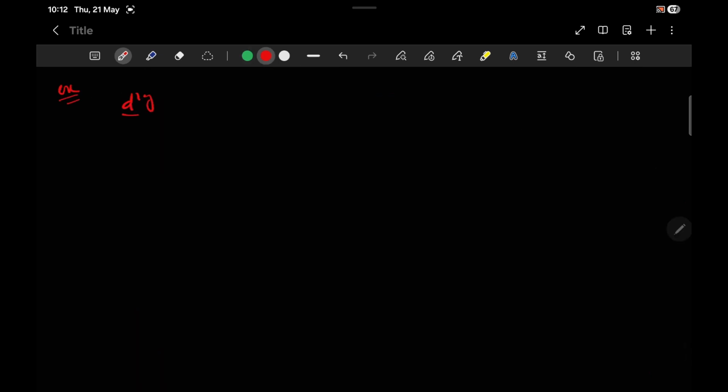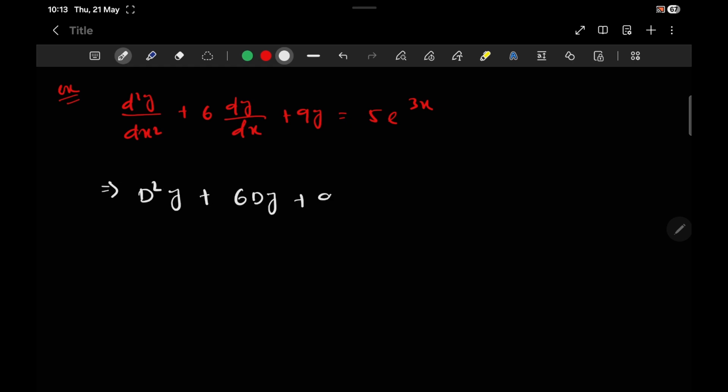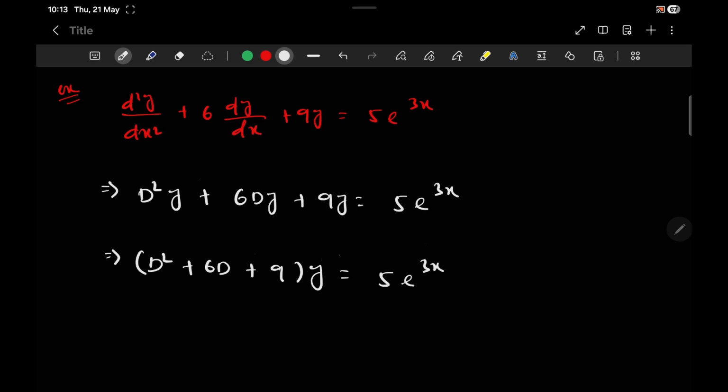Solve d square y by dx square plus 6 dy by dx plus 9y is equal to 5 e to the power 3x. That is, D square plus 6D plus 9 into y is equal to 5 e to the power 3x.